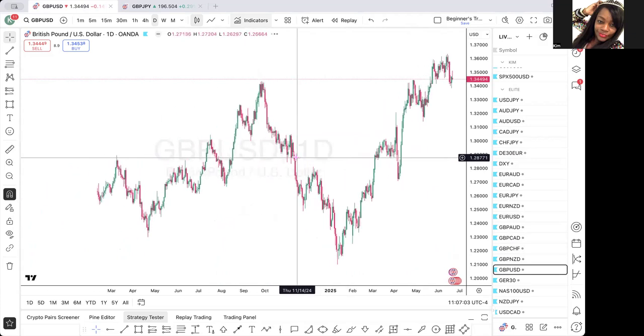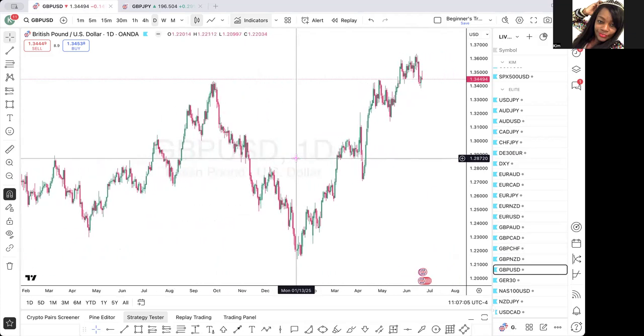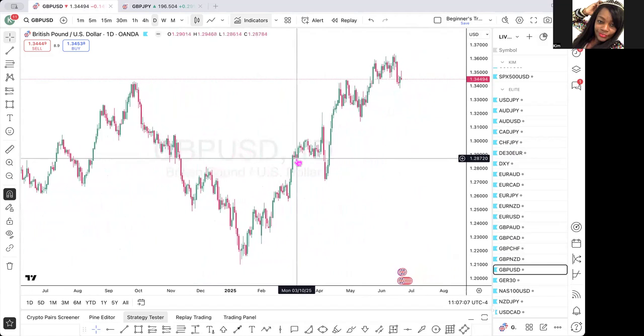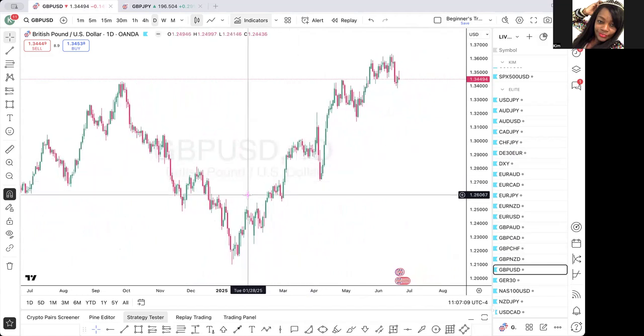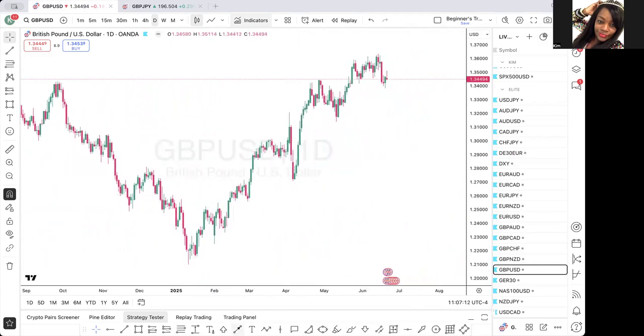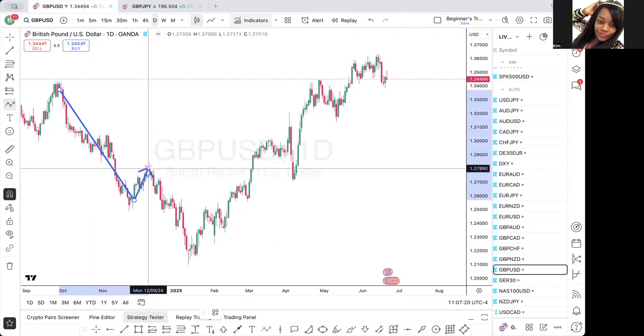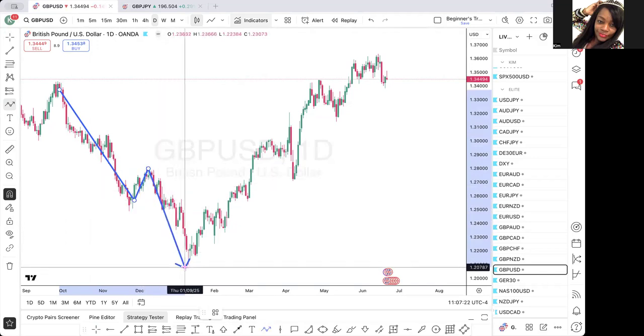And then we're going to show where it started. Okay, so D Will started here, with this down move. This move here, which was perfect.